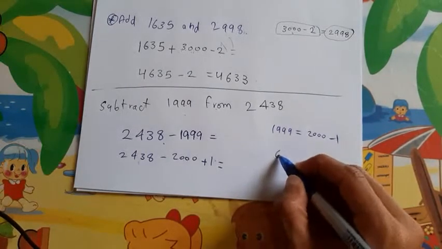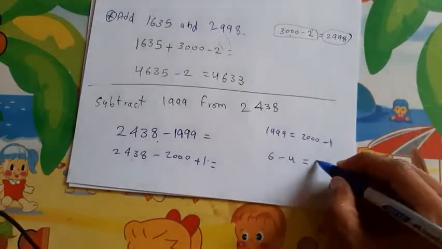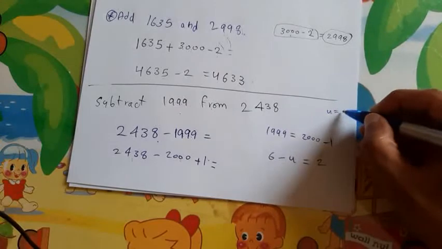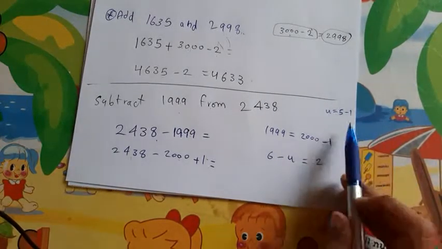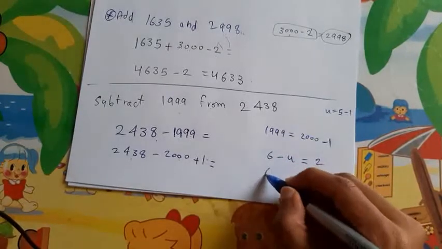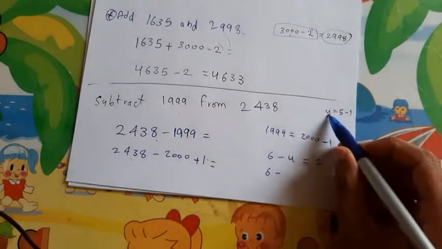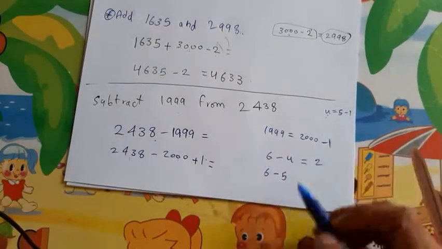Let's say 6 minus 4, this equals what? 2, right? The 4 is the same as what? 5 minus 1, right? 5 minus 1 is 4. I'm going to say 6 minus, instead of 4, I'm going to put 5 minus 1.